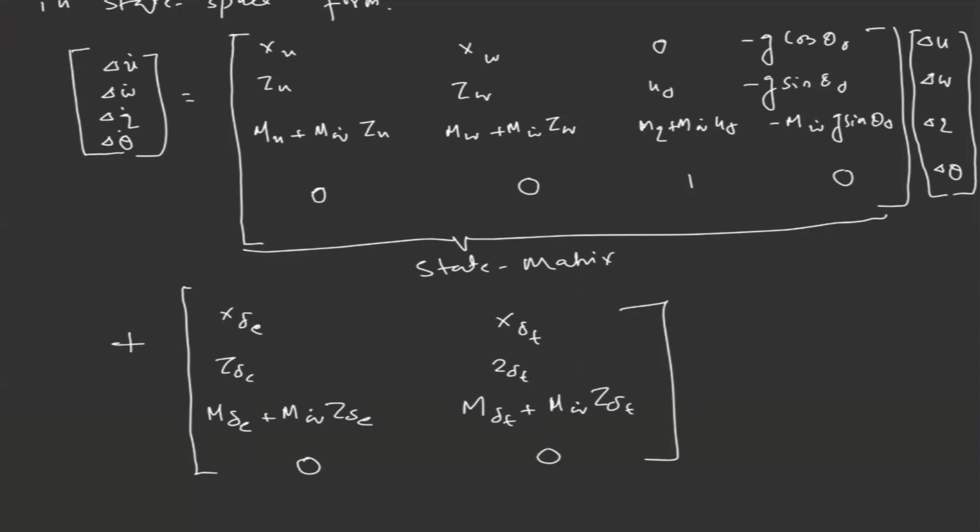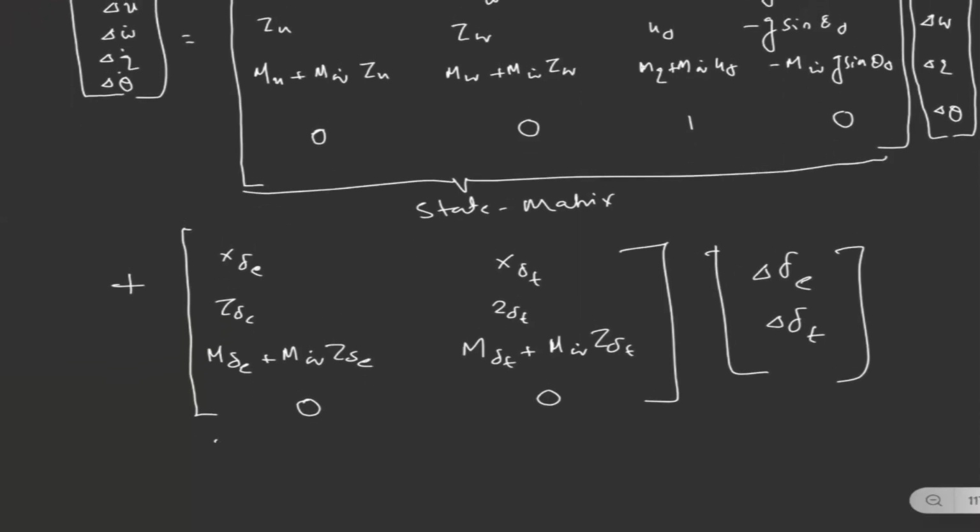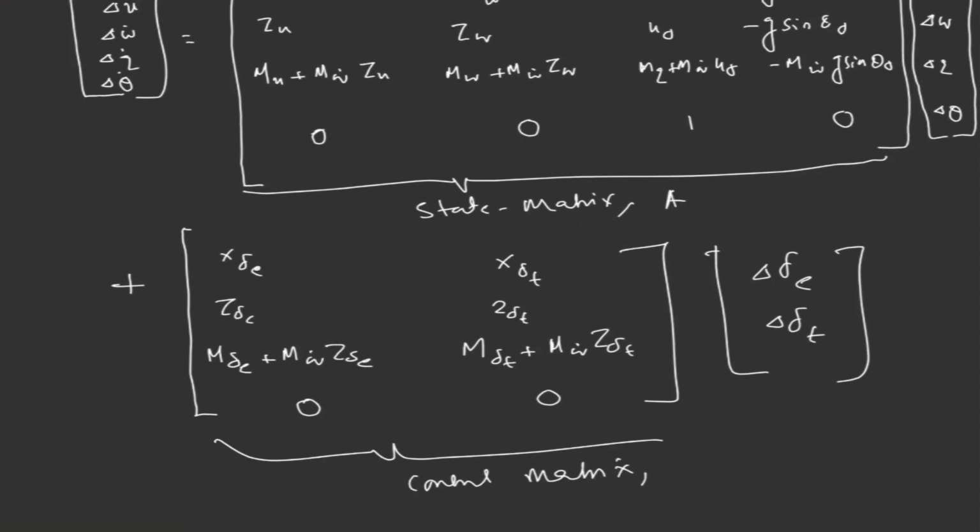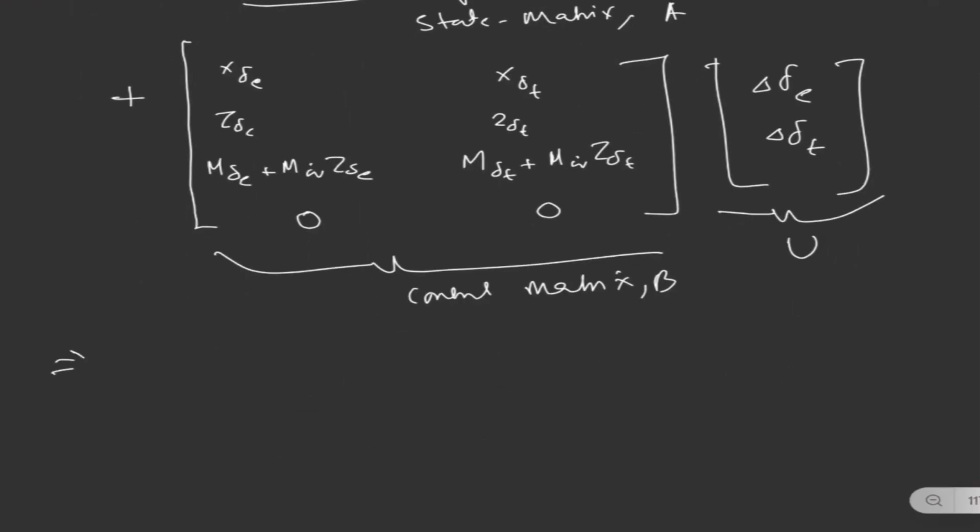And the control vector is delta delta e and delta delta t. So this is our control matrix. This is the A matrix, this is the B matrix, this is the u vector, this is the state vector x, and this is x dot. So this expression we can write in compact form: x dot equal to Ax plus Bu.